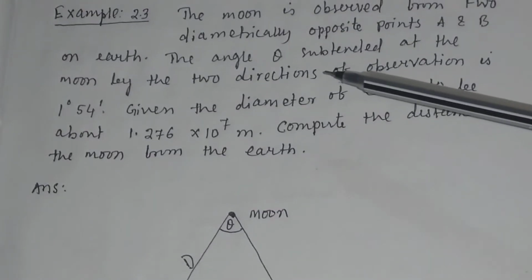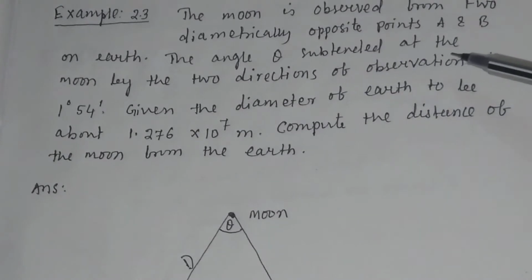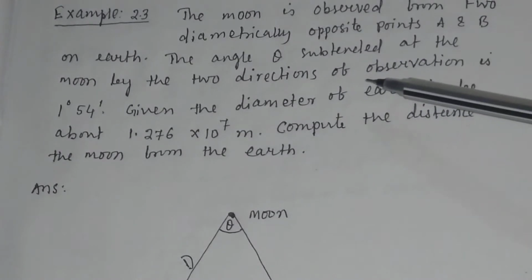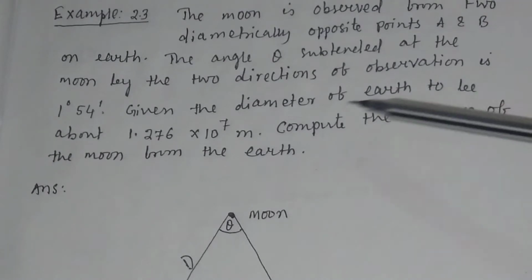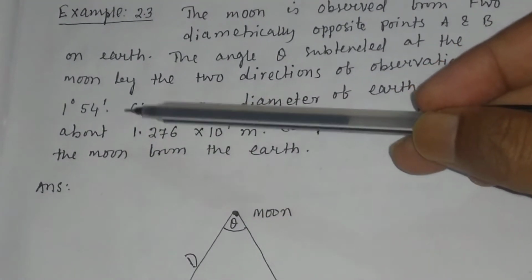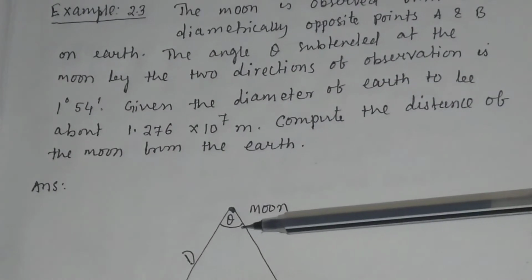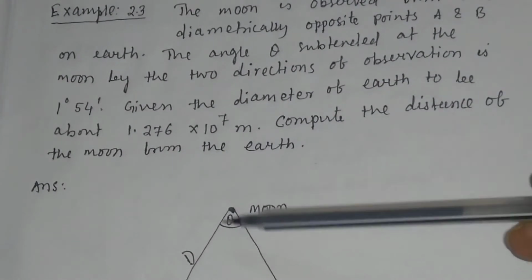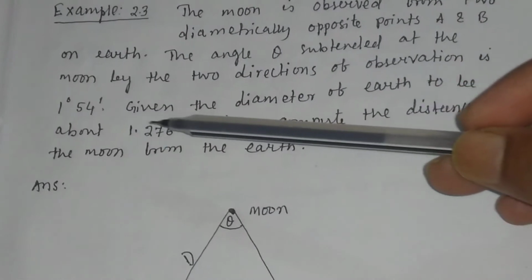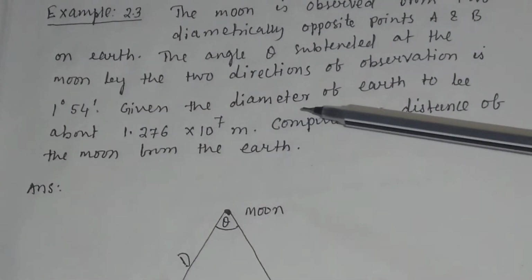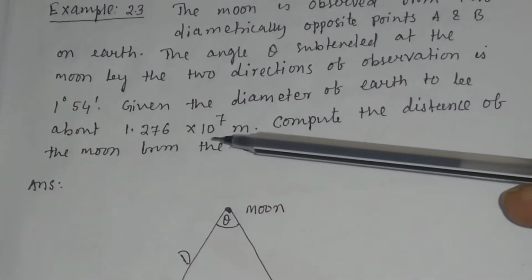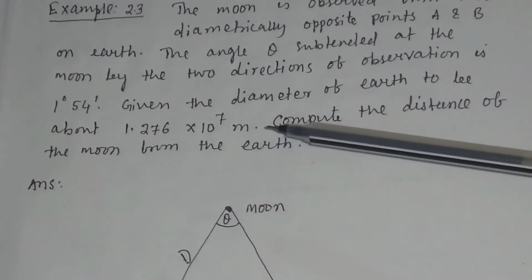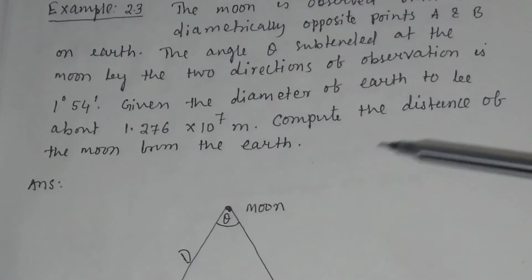The angle theta subtended at the moon by the two directions of observation is 1 degree 54 minute. Given the diameter of earth to be about 1.276 into 10 to the power 7 meter, compute the distance of the moon from the earth.